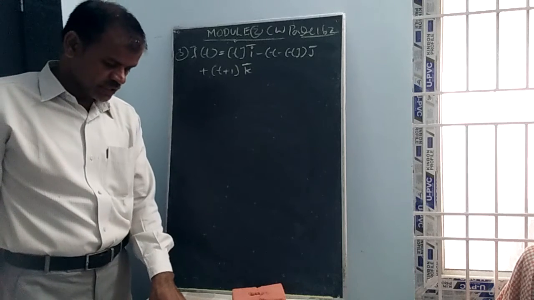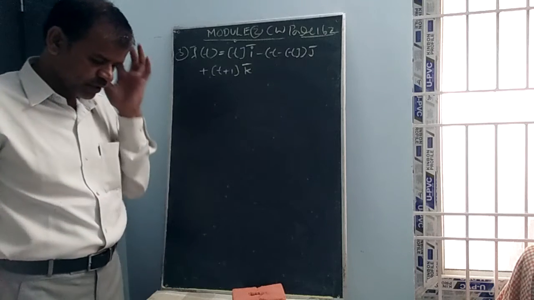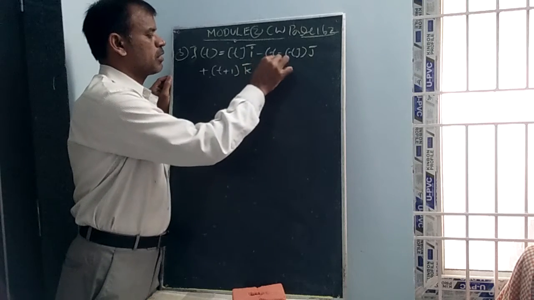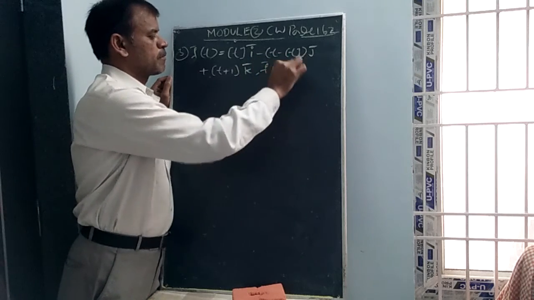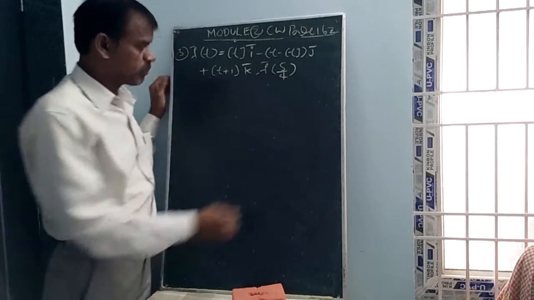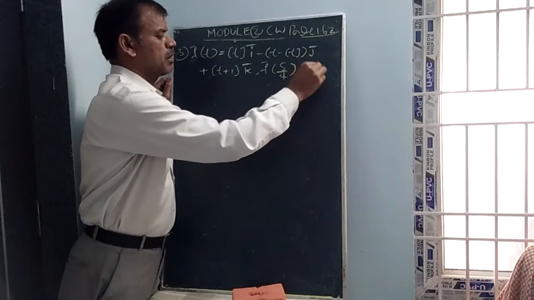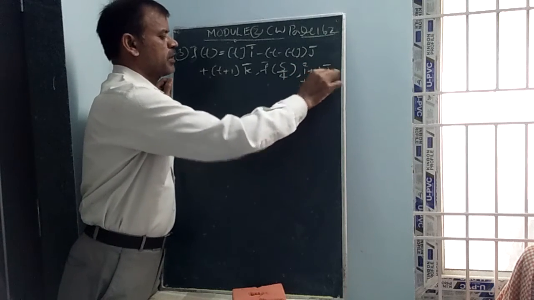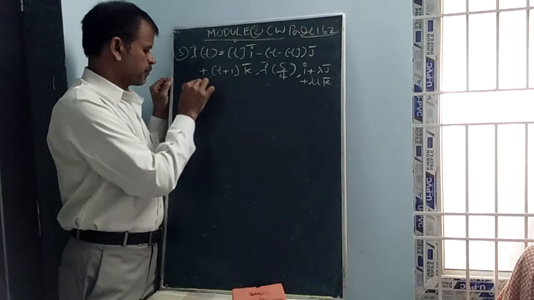Step is given as the greatest integer function. F bar of 5 by 4 and i plus lambda j plus mu k are parallel vectors.